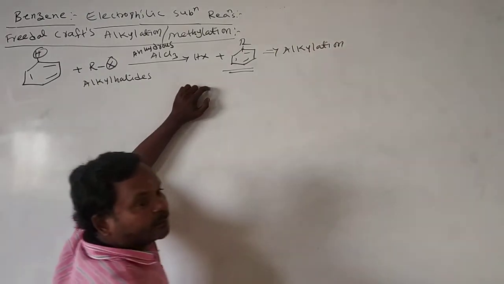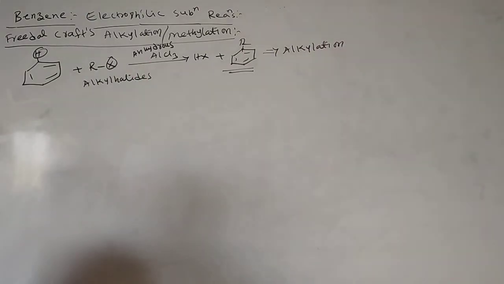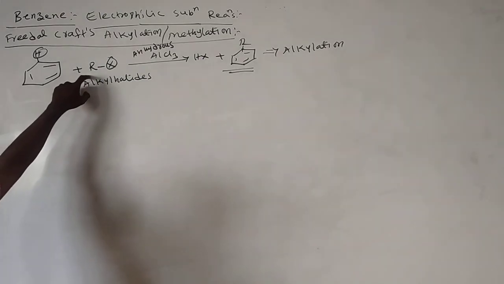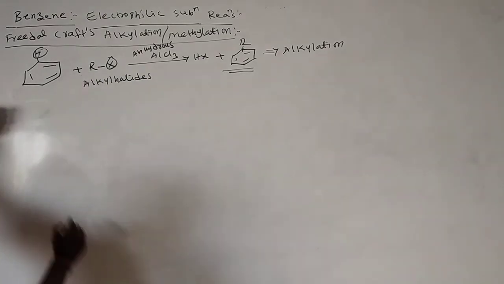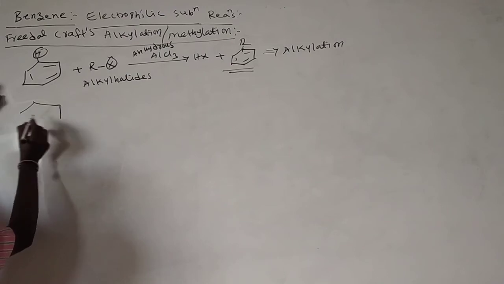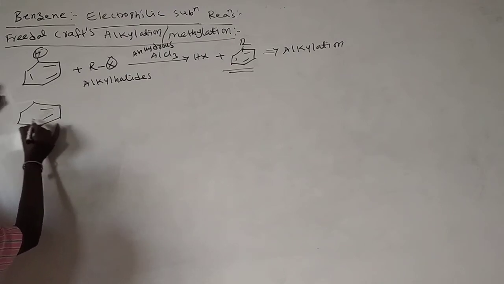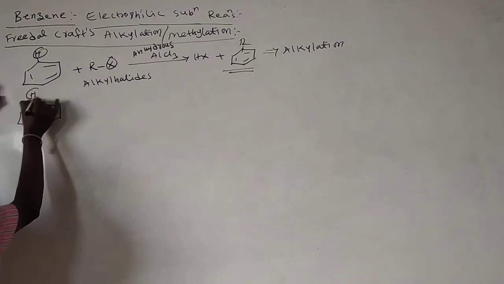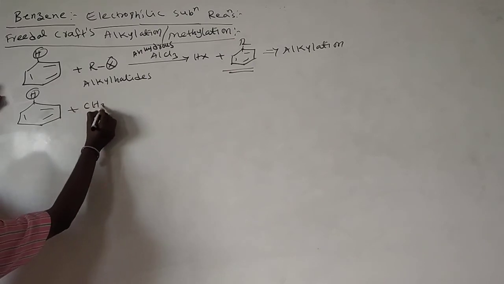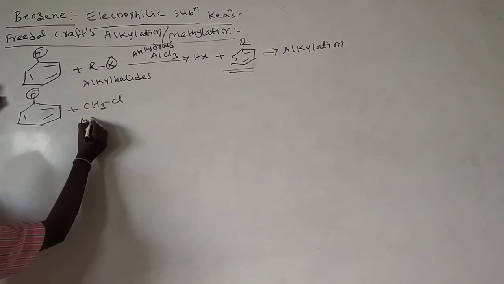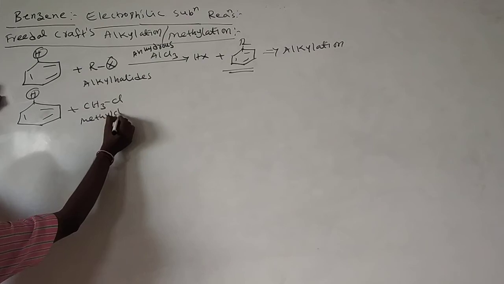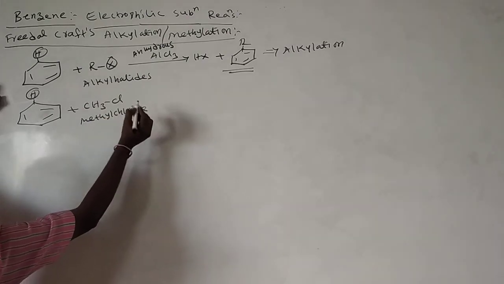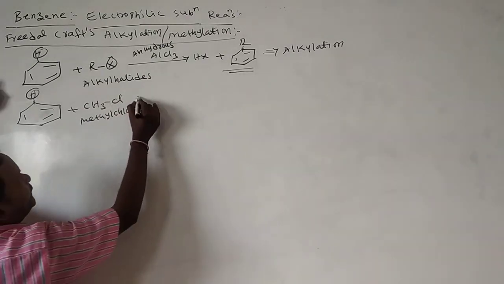Friedel-Crafts alkylation. Instead of an alkyl group, we use methyl, CH3. Here I am taking a specific reaction. Both are the same, but there is one difference. You take methyl chloride, which is nothing but an alkyl halide.